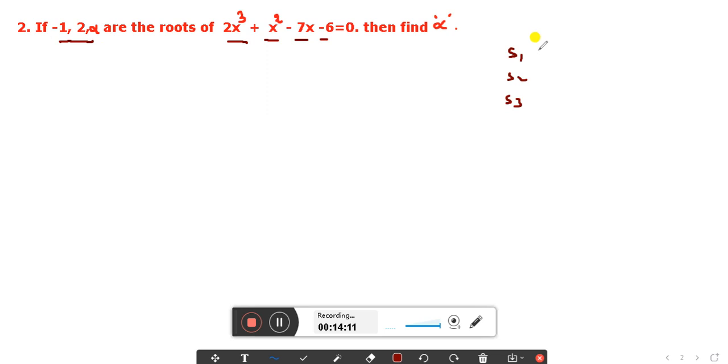S1 is nothing but the sum of the roots, alpha plus beta plus gamma. We can apply this concept, that equals minus p1 when it is a monic. So to change this to a monic equation, the x cube coefficient should be 1. So to become 1 here, we have to divide that equation by 2.